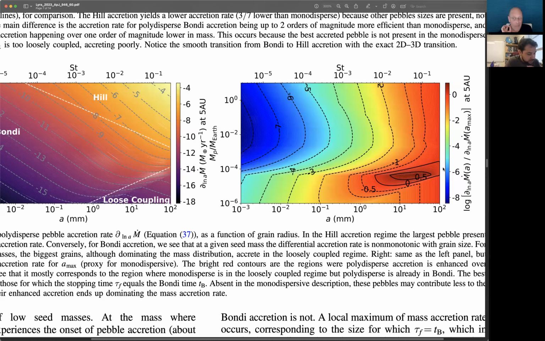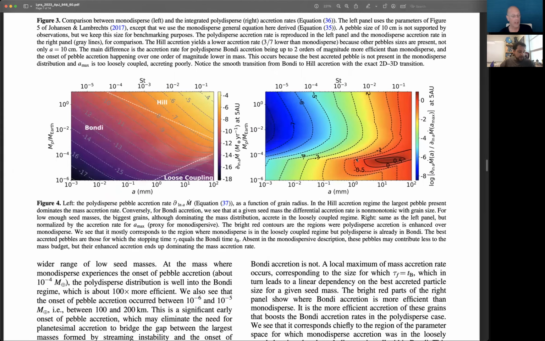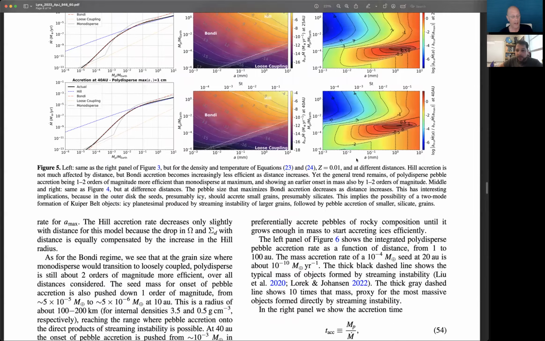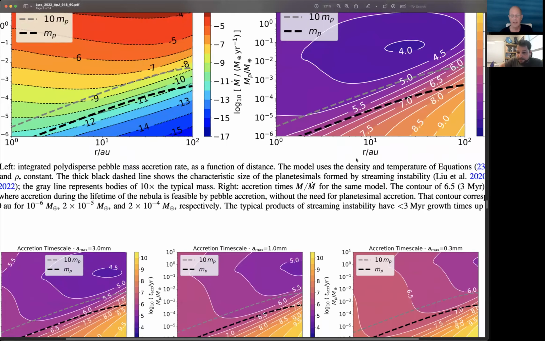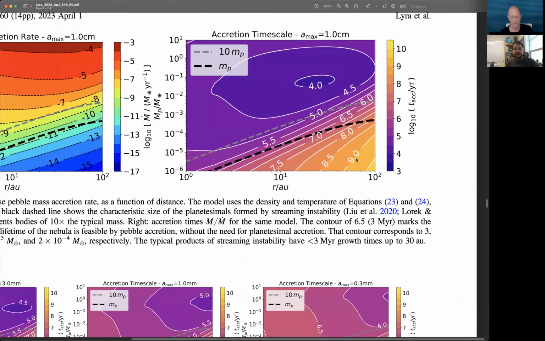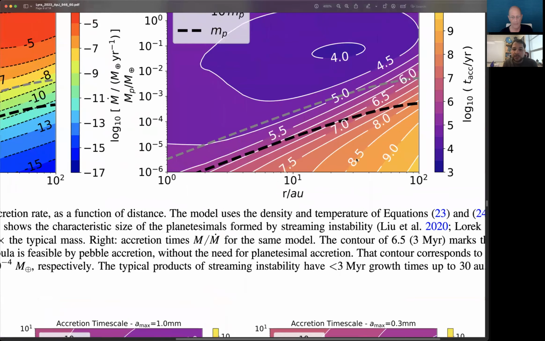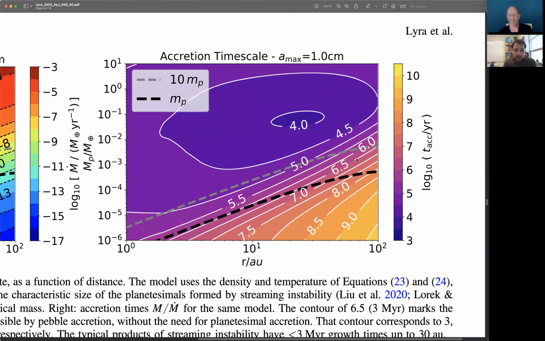So if you go then to the right-hand side of figure 6, figure 6b, we're measuring there the accretion timescales. What is it that we're showing here?